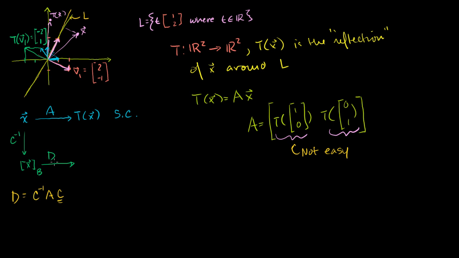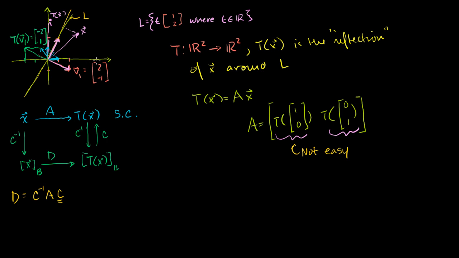So we can apply D, and if we multiply D times this B coordinate version of x, we will get the B coordinate version of the transformation of x. So the transformation of x represented in B coordinates. And then you could convert back and forth between these. You could go this way if you multiply by C inverse. You could go that way if you multiply by C. We've seen this in multiple videos.